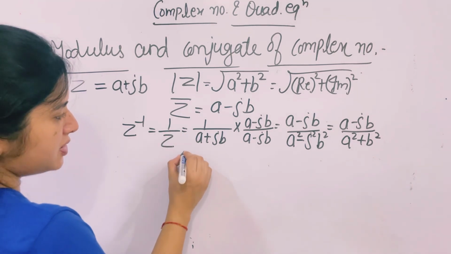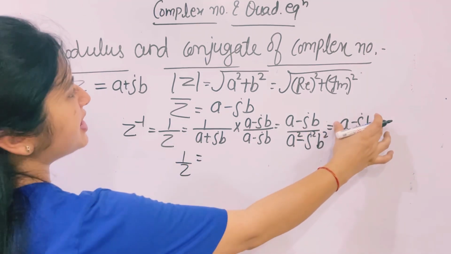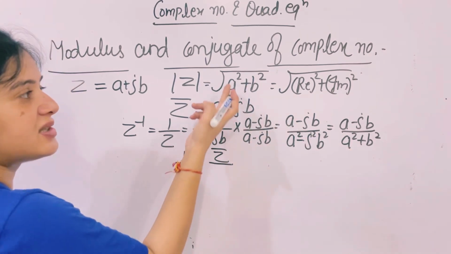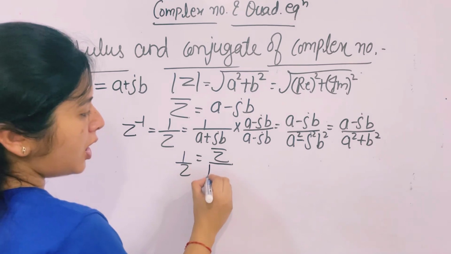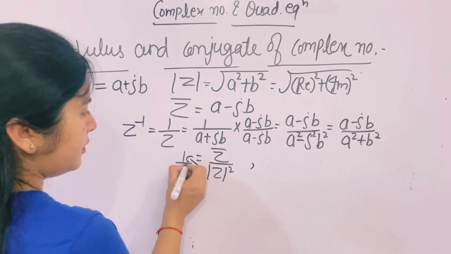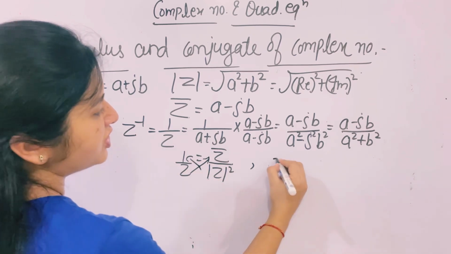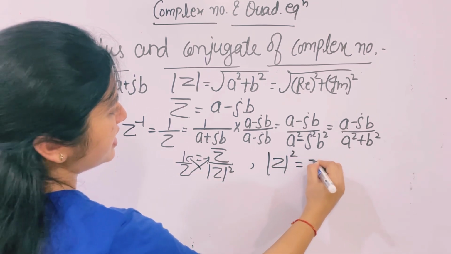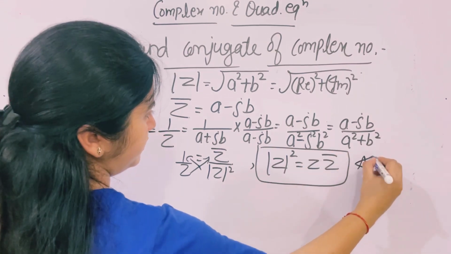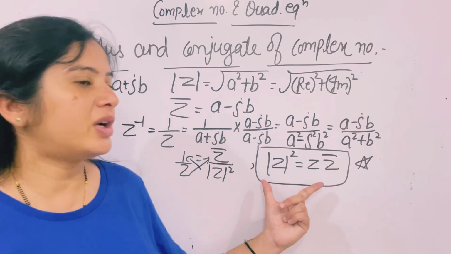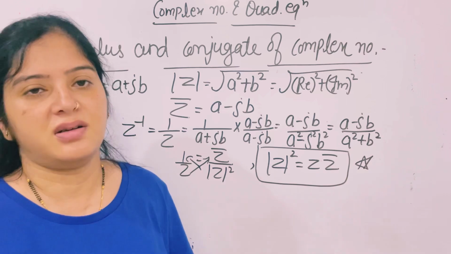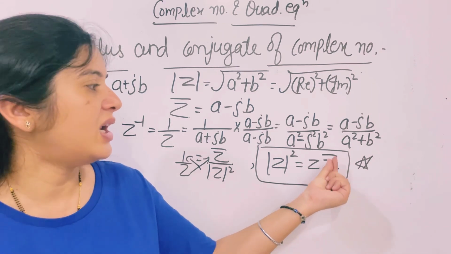So 1 upon z is a minus iota b, which is the conjugate, upon a square plus b square, which, if we remove the root, is modulus z square. We get a result: z inverse is z bar upon modulus z square. The important result is that modulus z square is z multiplied by z bar, a complex number multiplied by its conjugate.